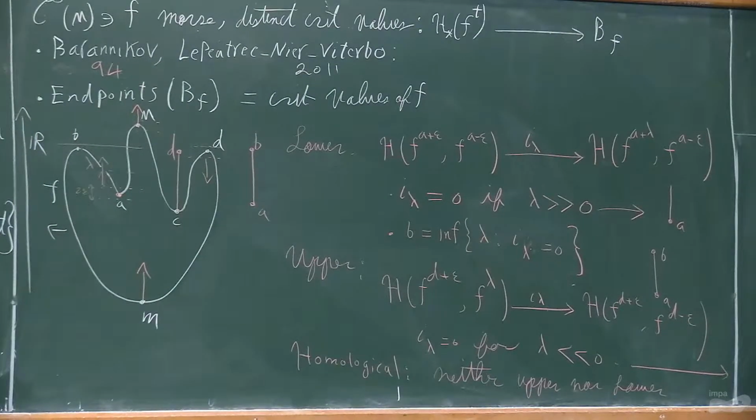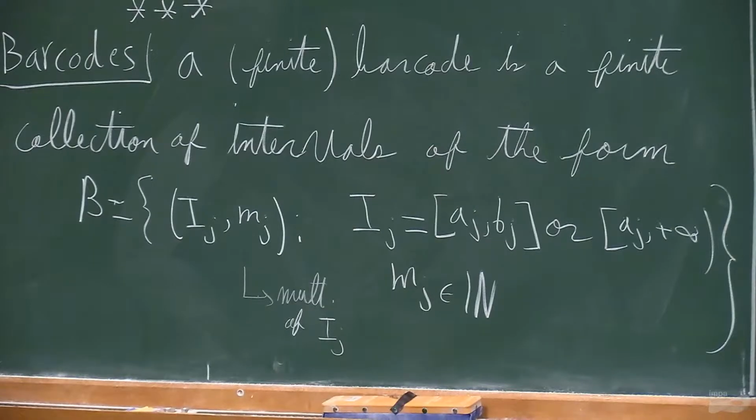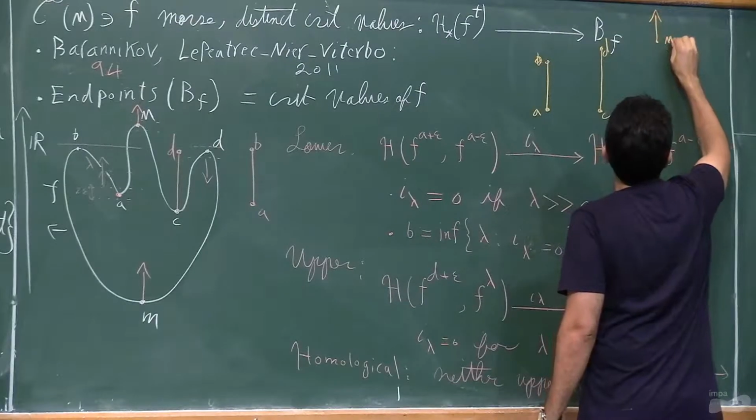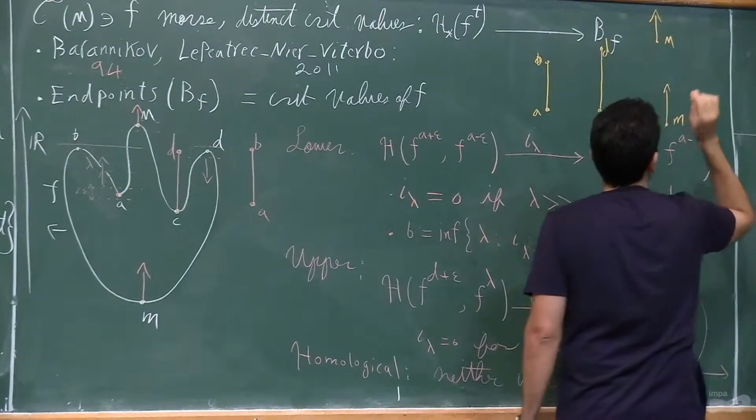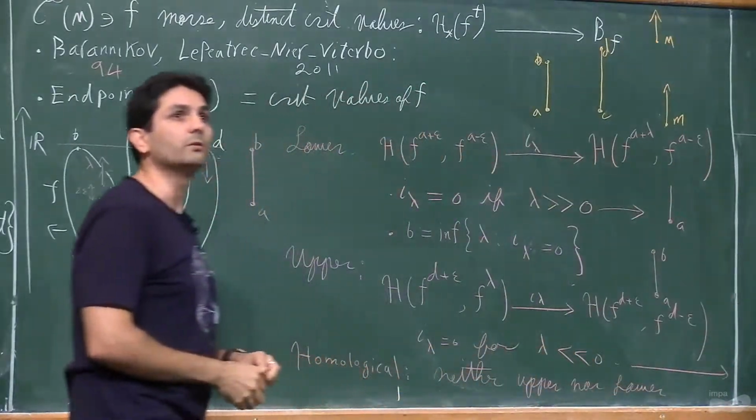So maybe I'll draw that barcode. If you were to draw it here, it looks like this. So A, B, there's CD here, and there is M, and there's another one down here at little m. And that's the barcode of this Morse function.